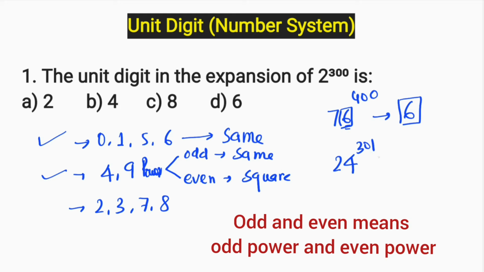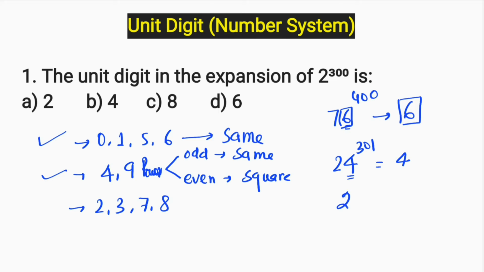When power is odd, you get the same, 4 will come here. But if you have 302, now the power is even here. So it will be squared, and 16, so the answer will be 6.